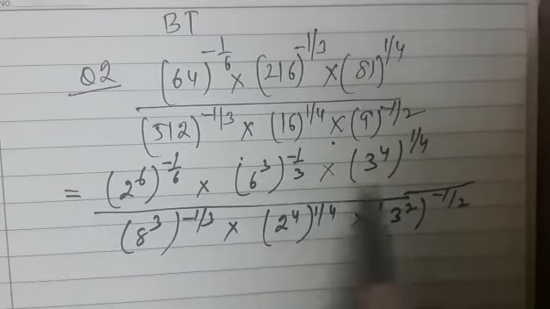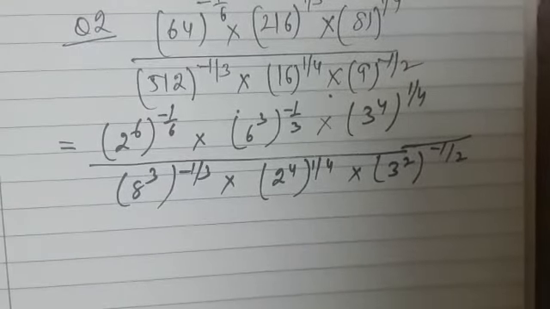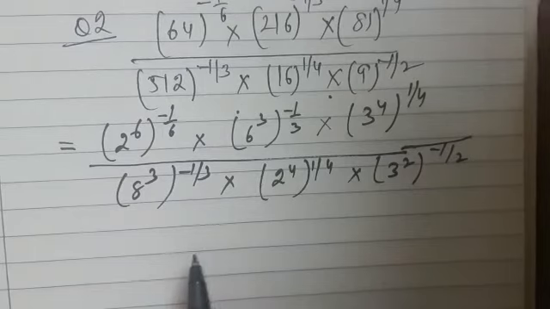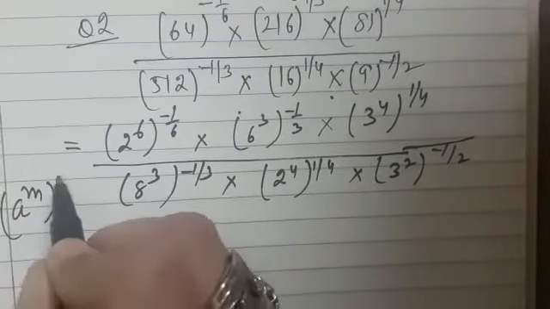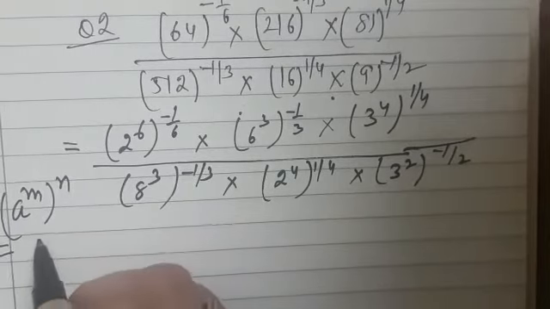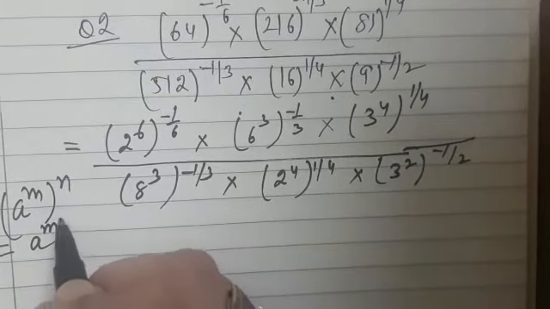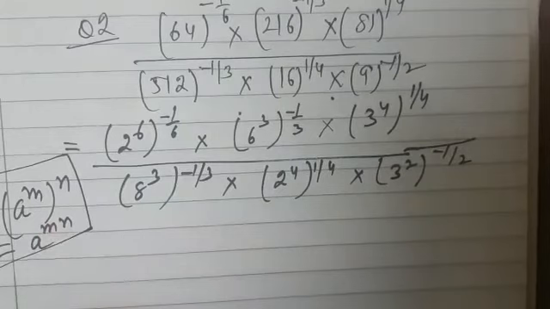Now for each of the terms, we will be using the law of exponent: a raised to the power m raised to the power n is equal to a raised to the power m into n.